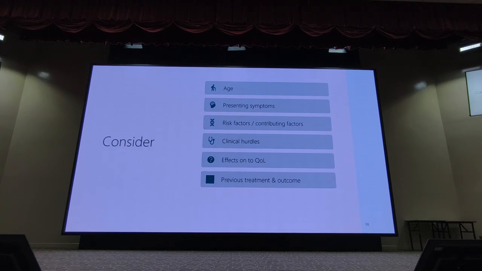Again, don't forget, remember I said, students forget to ask whether the patient has had a hysterectomy or not. Previous treatment and outcome: sometimes the patient may already have had a ring pessary, or she might have failed pessary previously, and this is not asked. What kind of symptoms resolve after the treatment?